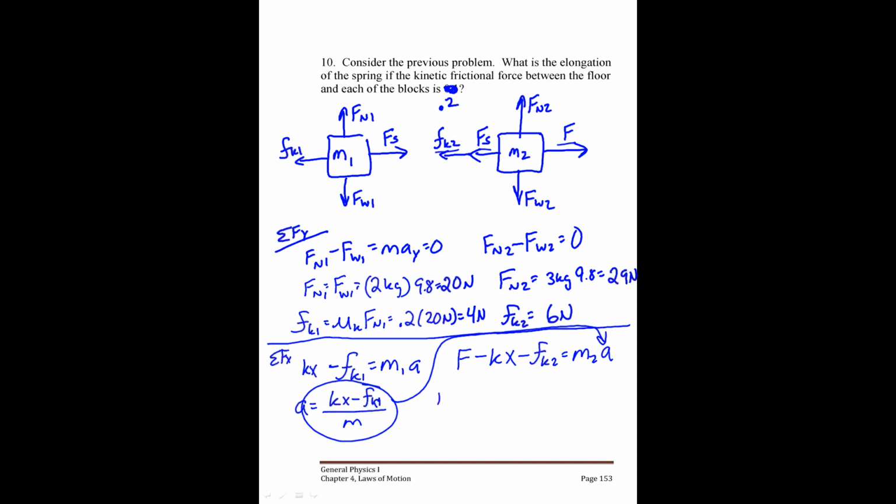All right, so I get F minus kx minus Fk2 equals m2 times kx minus Fk1 divided by m1. Now you can put numbers in.